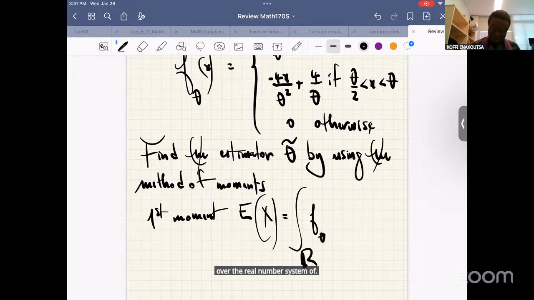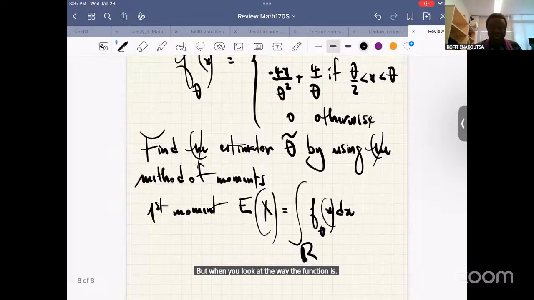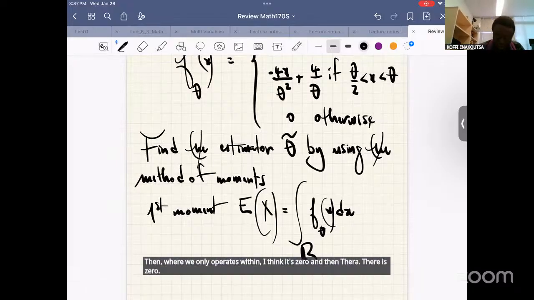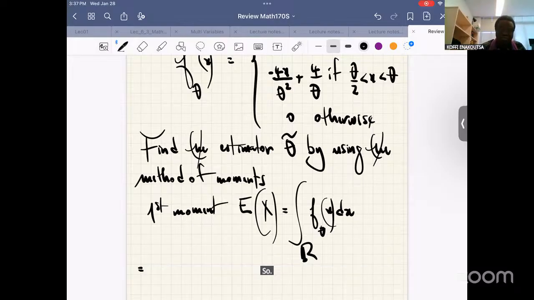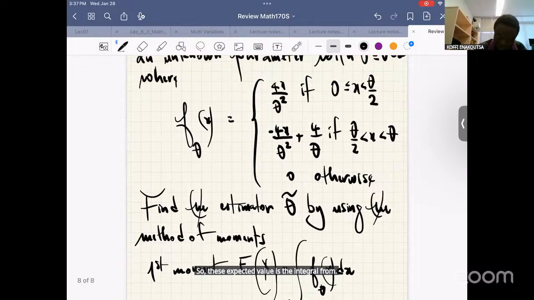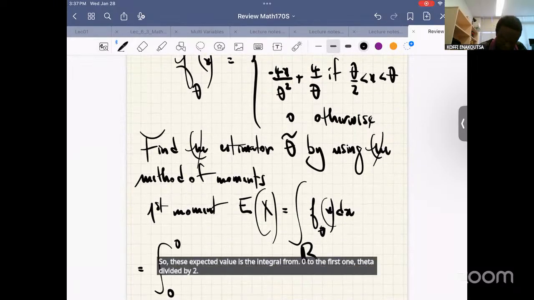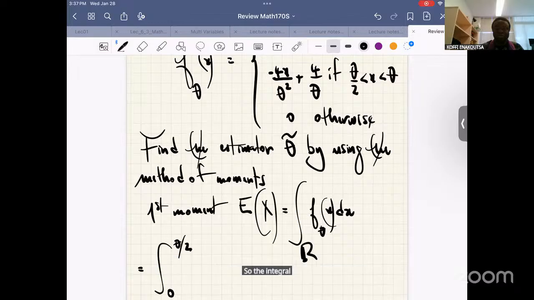But when you look at the way the function is, we only operate within, I think, 0 and then theta; the rest is 0. So this expected value is the integral from 0 to the first one, theta divided by 2, of 4x divided by theta square.